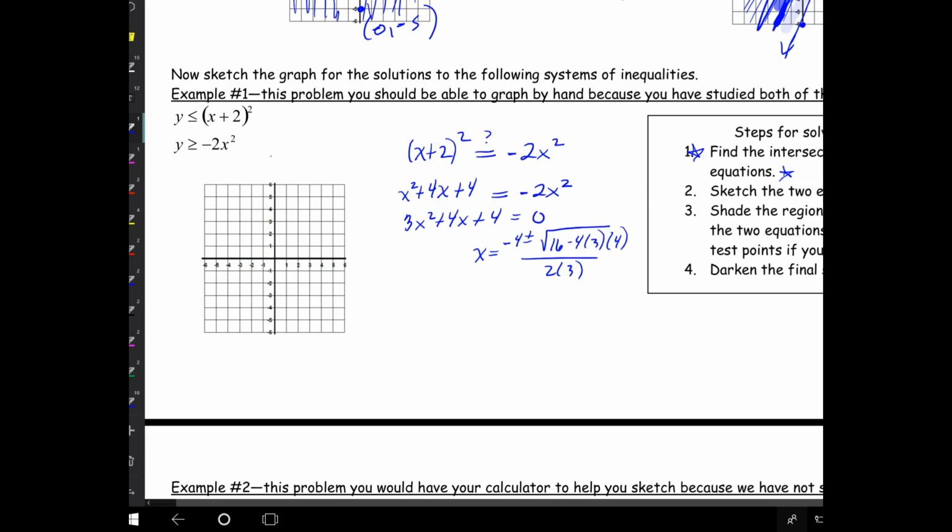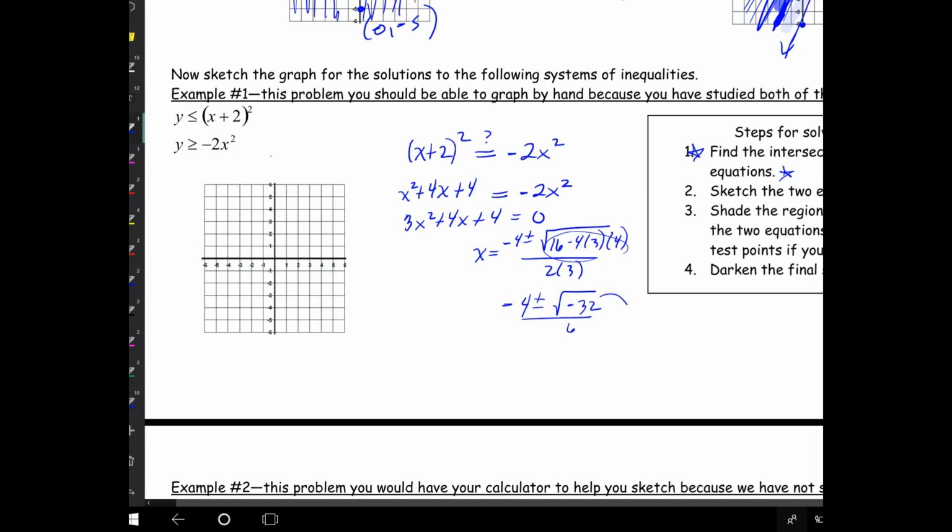What does that mean is going to happen underneath the radical? It's going to be a negative. So what happens when we have the square root of a negative? Yes, it's an imaginary number. So what does that mean about these two graphs? Should they intersect? No. If I actually simplified this out, that'd be 16 minus 48, which is -32, just so you know.